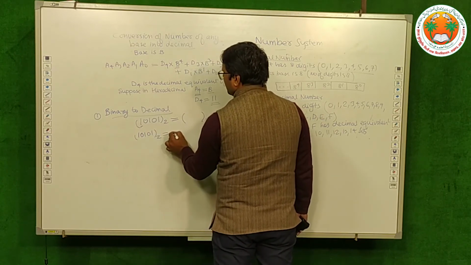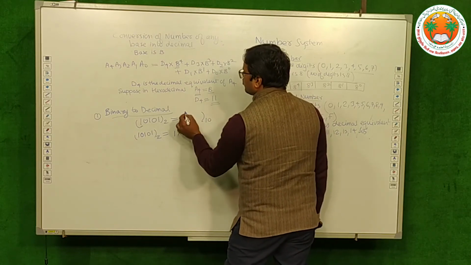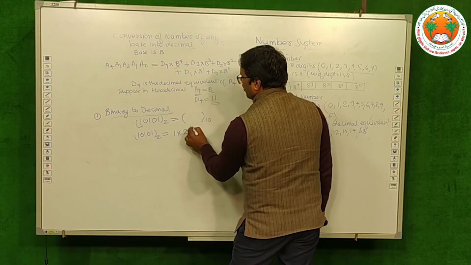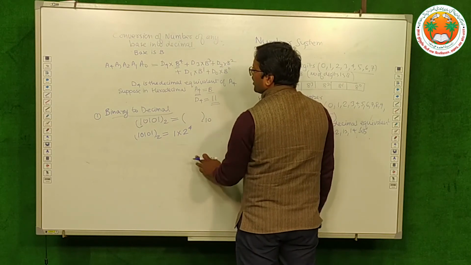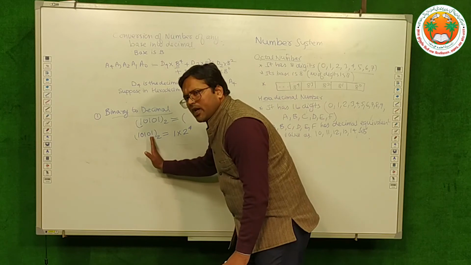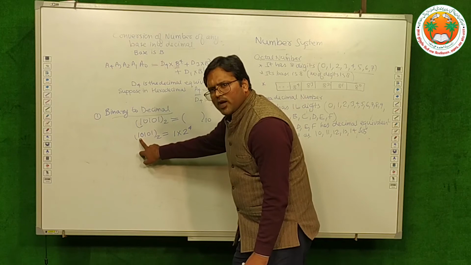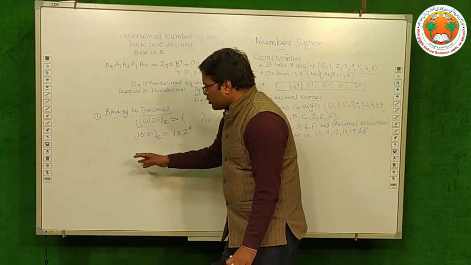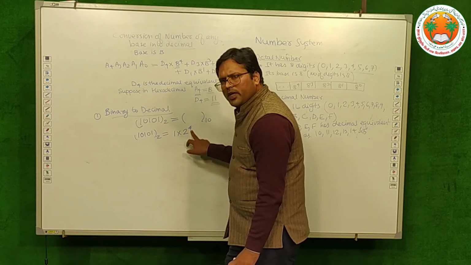We will write 1 into the base of binary, which is 2, to the power 4, because the number of digits is 5, so the power is 1 less than the total number of digits. Or we can consider that from this 1 we have 4 digits to the right. So when we multiply, we will write this particular digit and count how many digits are to its right, and here we have 4 digits, so the power of the base would be 4.